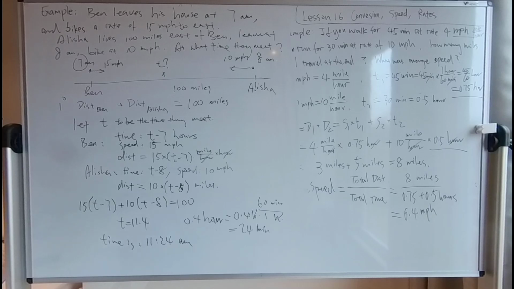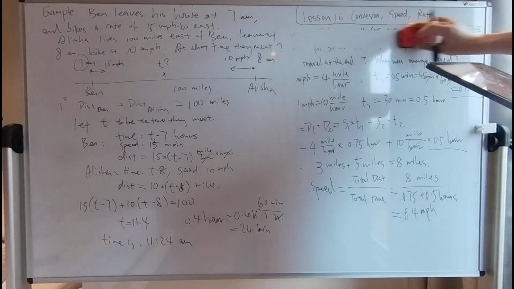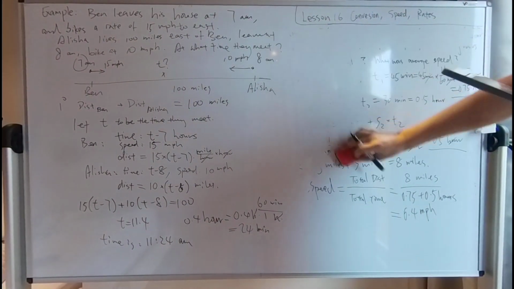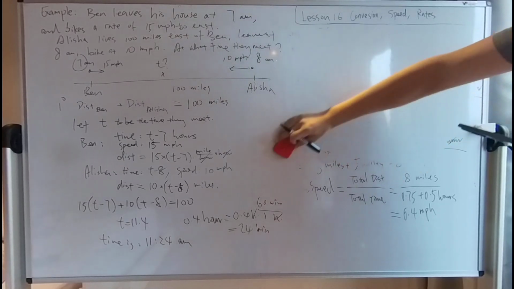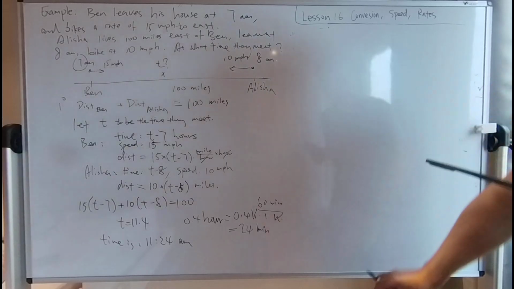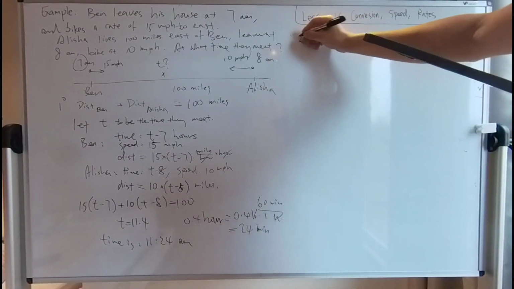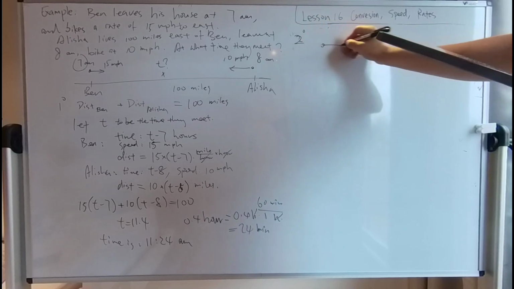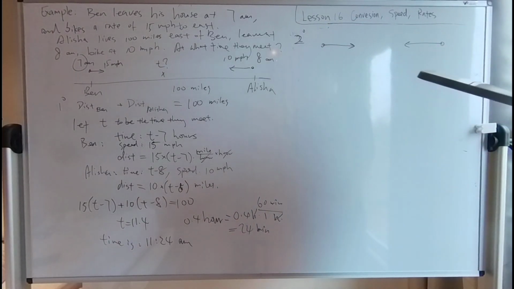Okay, there's actually another way to solve it, and maybe faster than the first way. The second way is we can use a relative speed because they travel in opposite directions, right? One travels from east to west, the other travels from west to east.